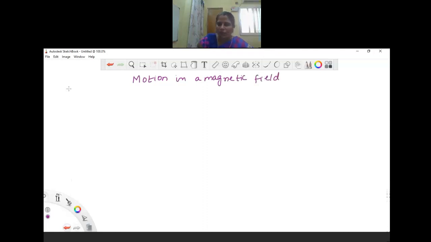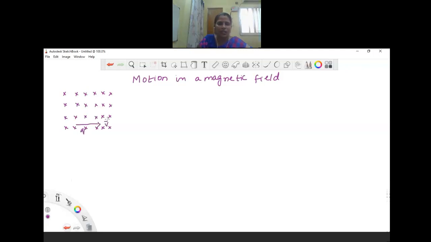Once again we will assume this is the magnetic field, which is perpendicular to the plane of the paper, and we are going to assume a charge which is placed in the direction perpendicular to the magnetic field.